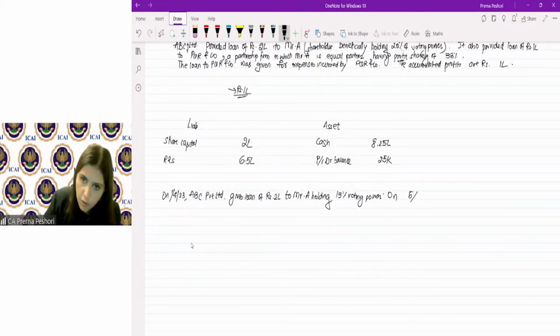On 5th October 23, Mr. A repays the loan to the company.